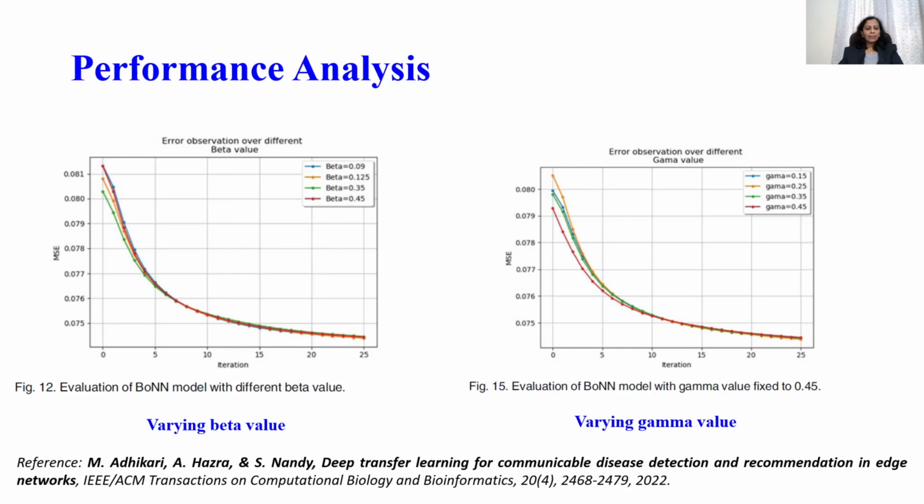In figure 15, the gamma parameter reports the minimum MSE value when it was fixed to 0.25, and at this value it achieved 92.2% accuracy.